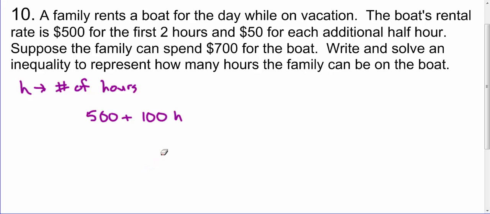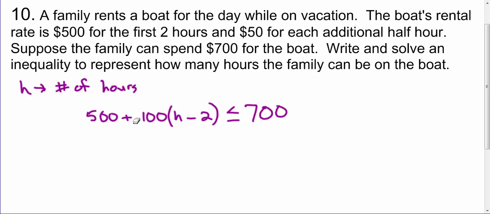However, don't forget that the first 2 hours were already covered with this $500. So we're going to go h minus 2. And the family can spend $700, so we're going to go less than or equal to $700. They could, of course, spend $600 and be just fine. They could spend $700 and be fine, but not $701. All right, so it should look something like this.